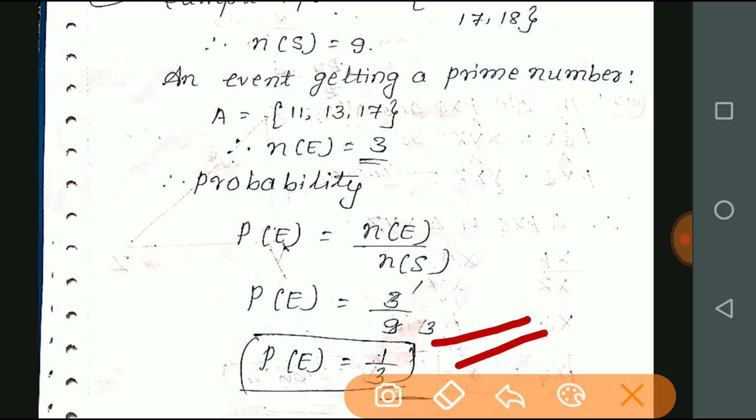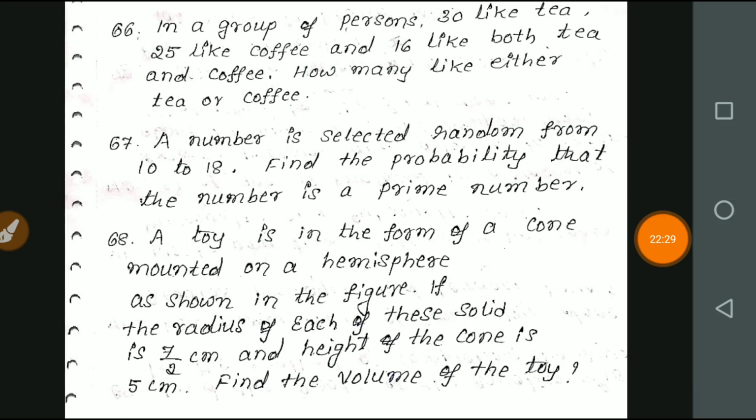Next question. A toy is in the form of a cone mounted on a hemisphere as shown in the figure. So, here is the figure.